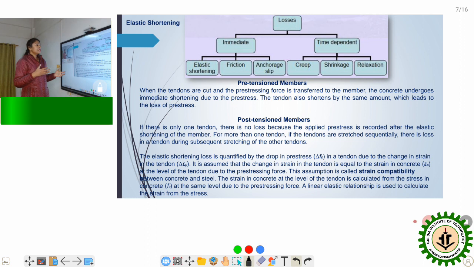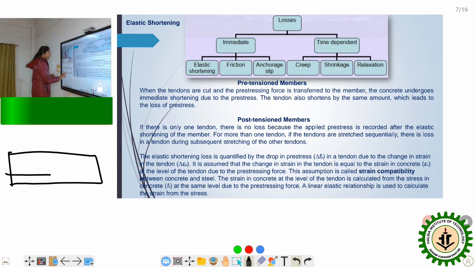For the change in strain in the tendons, we also have to ensure that strain compatibility is assured between the concrete and the steel. How is the strain compatibility assured? What we assume is that whatever change in strain happened in the steel, that much change in strain happened in the nearby concrete surfaces as well, because it is an embedded section. The tendons are embedded in the concrete.